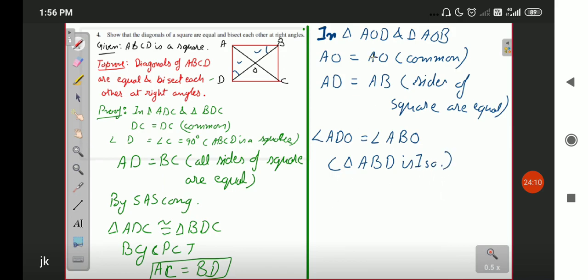Okay. So in this manner you have side. That is not correct now. We did not get the angle between the sides. Okay. So we will use something else. What can we use now?